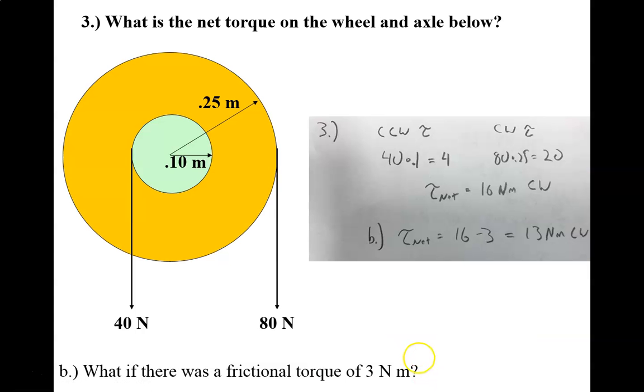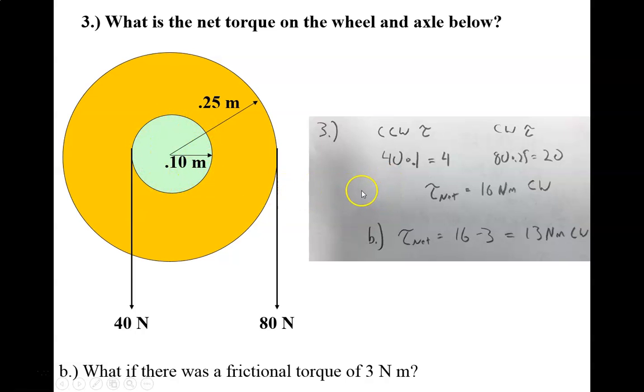Okay. What would the net torque on this wheel and axle system be? If this is a large wheel and this is a smaller diameter wheel connected to it, and we're pulling down on these two things, what's the net torque going to be? Well, this 80 Newton force right here, which way is that going to cause it to rotate, clockwise or counterclockwise? This is going to cause a clockwise rotation. This one over here is going to be a counterclockwise rotation.